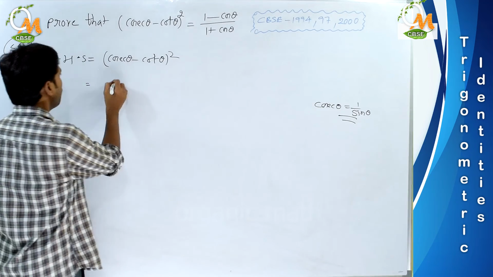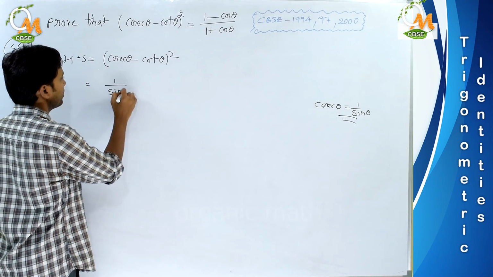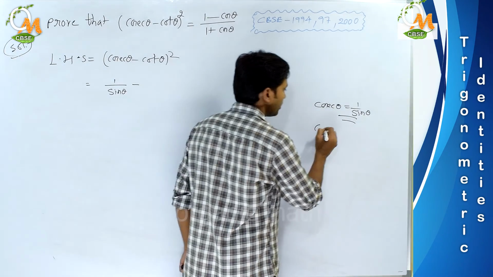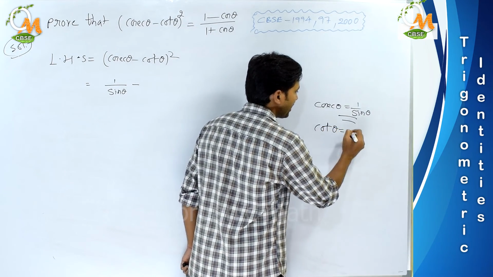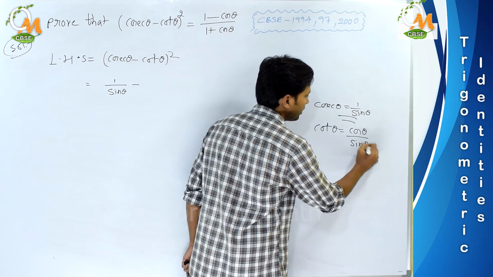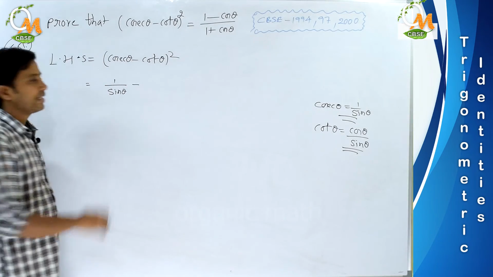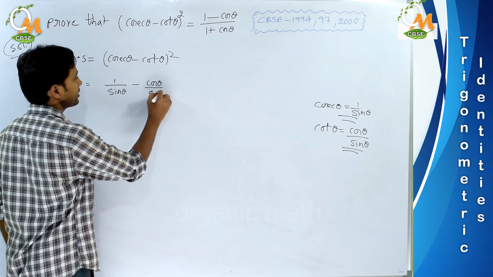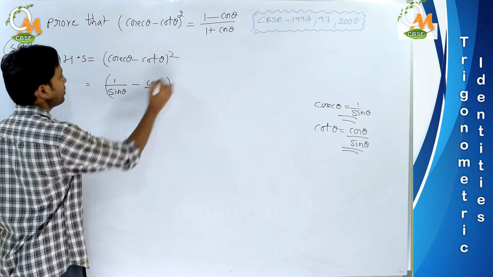So here 1 by sine theta minus cot theta. Cot theta can be expressed as the ratio of cos theta to sine theta. So we can write it as (1 by sine theta minus cos theta by sine theta) whole square.